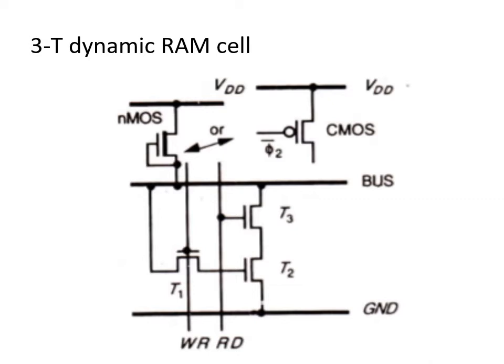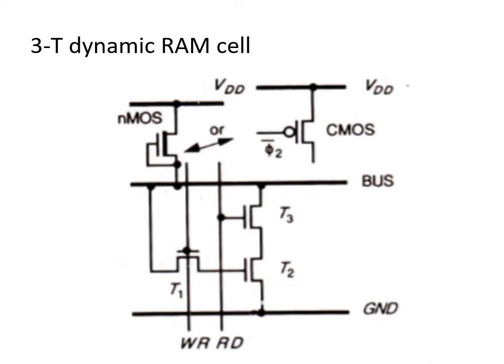In CMOS technology, for pull up we are using PMOS, and read and write circuits are used as a pull down network. So the read control line is connected to T3, and the write control input is connected to T1.